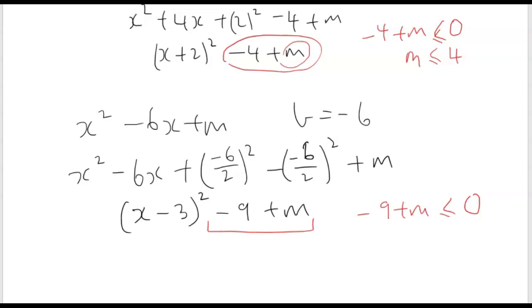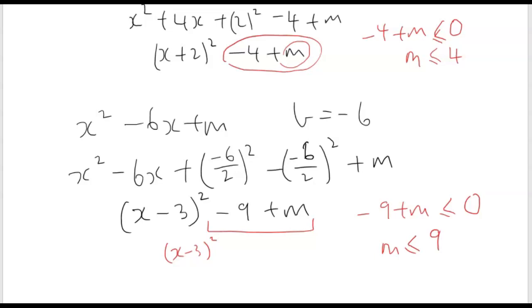But it then has to also be negative to do the difference of perfect squares, so it has to be less than or equal to 0. I'm solving that: bring that 9 over to the right-hand side as positive. So m has to be less than or equal to 9. If m was 9, we're left with x minus 3 squared, which is factorized.